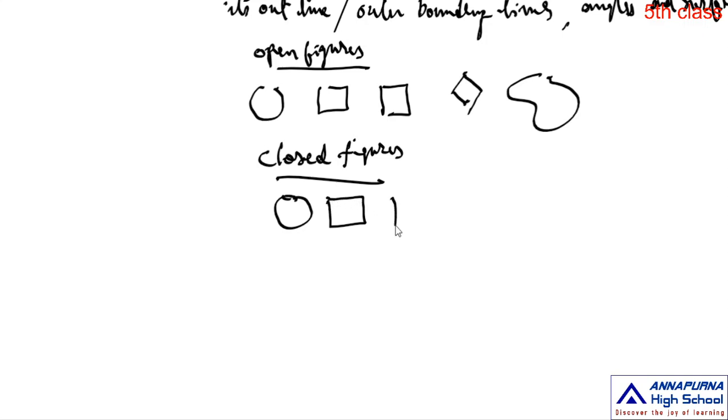The third one, here it is open. Now it is closed. The next one is also closed. This figure is also closed. Here the boundaries are closed. Therefore, they are called closed figures.